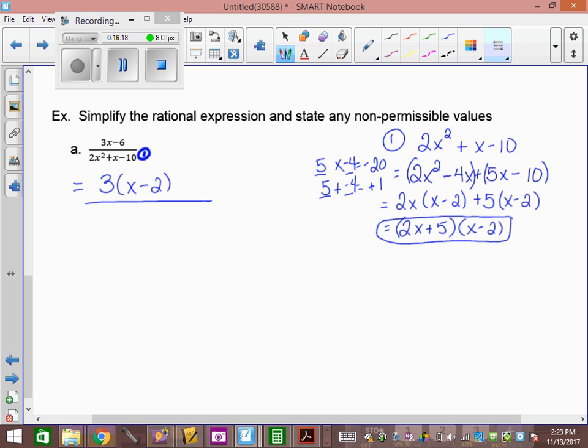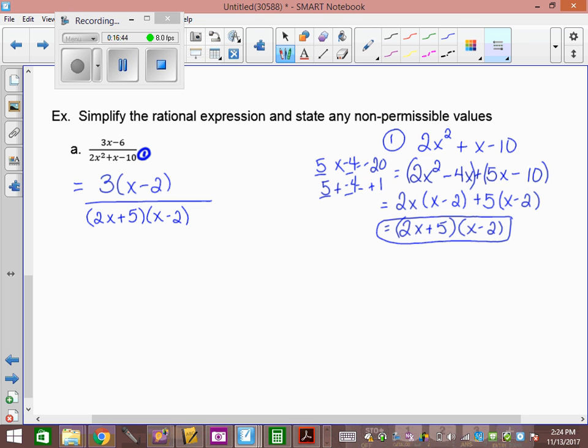So we have 2x plus 5 in the denominator and x minus 2. Now, some of you are going to be super excited because you're going to see that there's 2 x minus 2s. There's one on the numerator and one on the denominator, and they're going to be able to cancel, which is fantastic. But you have to state non-permissible values before you cancel. Because your non-permissible values are the values of x that exist right from the beginning to the end.